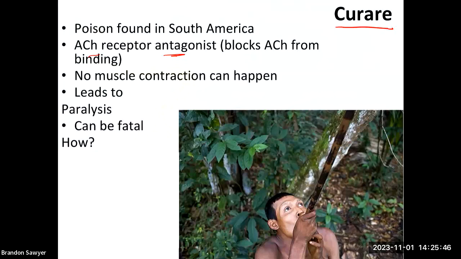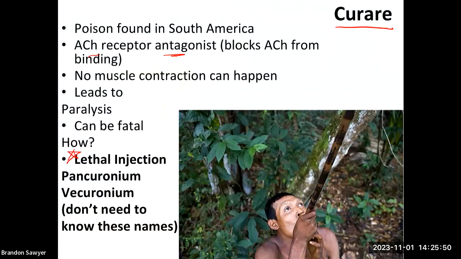Your heart can't contract, your diaphragm can't contract. It's also one of the ingredients in lethal injection, because it makes it so your diaphragm can't contract anymore. Okay, all right, guys, we made it.